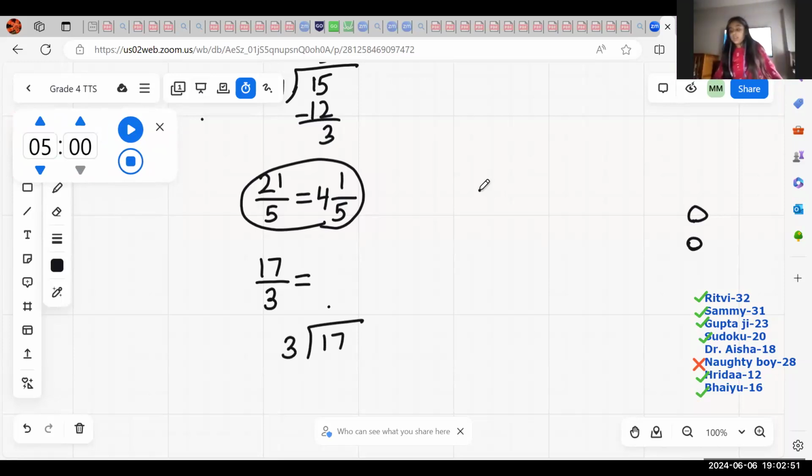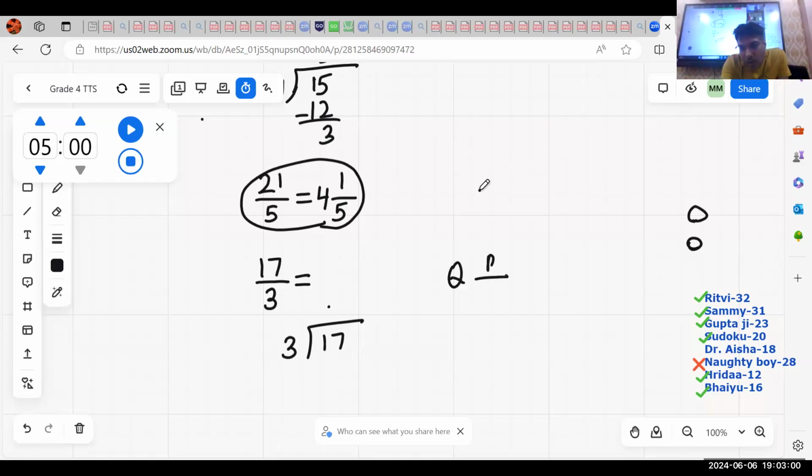Sir, the quotient is 5. So beta, that will come here. Now the formula is QRD. So your quotient will come here. Sir, I did like QR code. Aisha, beta, don't mute me, otherwise I can't explain. Sorry, sir. So tell me what's the answer again, Aisha. QRD.